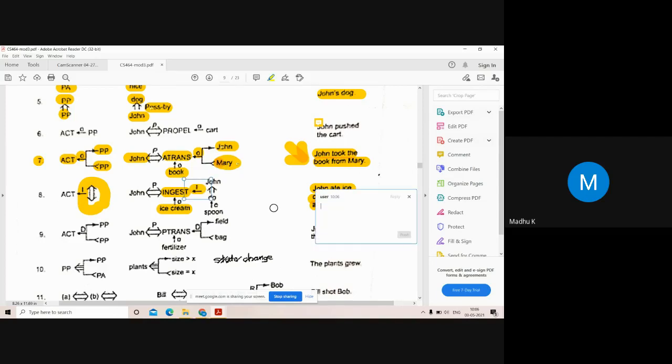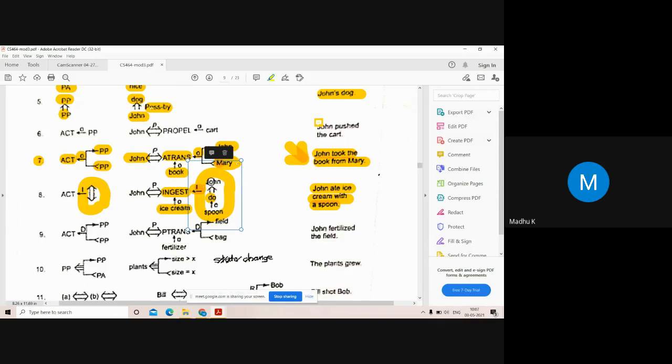This is capital letter I. And on this side, you can note there is an I here. And here we will represent this: there is a do, then this is an object spoon, do, John.